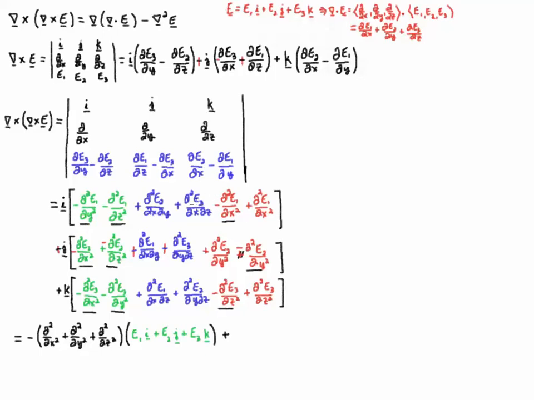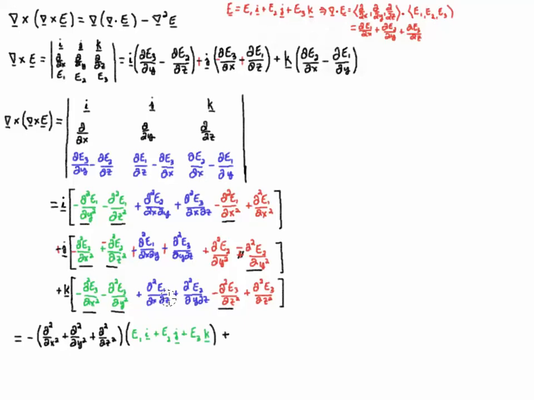Now ignore the underlined terms and look at the mixed partials. You'll notice in the first term each of them has a dx, and then a dx, dy, and dz. Okay, similarly for the j component, each of them has a dy, and then a dx, dy, and dz.